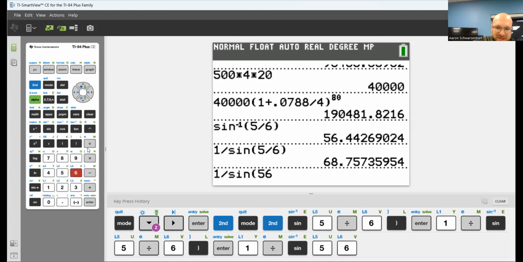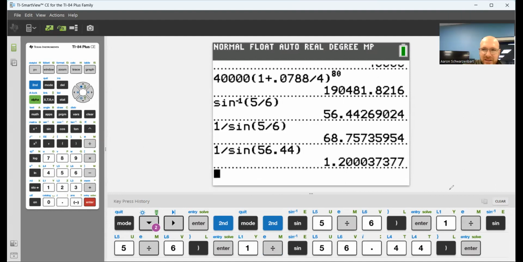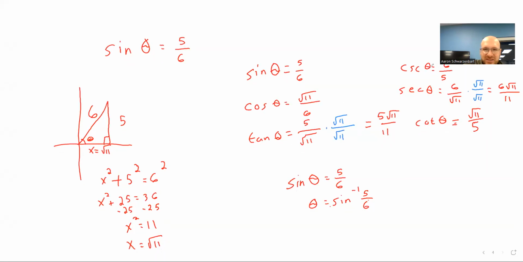I need to use the angle, not the ratio for the sine. 1.2. And 1.2, 6/5. Yeah, that's 1.2. So yes, you can check them by checking the calculator and checking that your exact answers are the same.